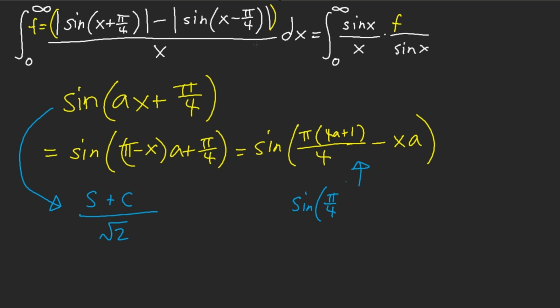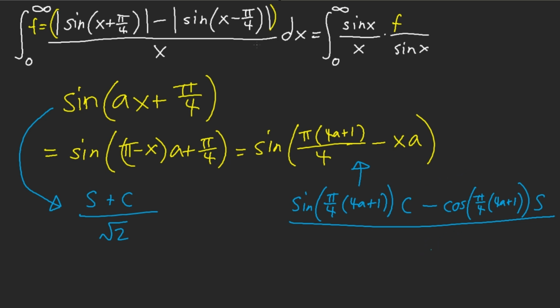Is there a way for me? Oh, no, I can't. 4a plus 1 then. I'll just write it like that. And then cosine of this minus cosine of pi over 4, 4a plus 1, sine.